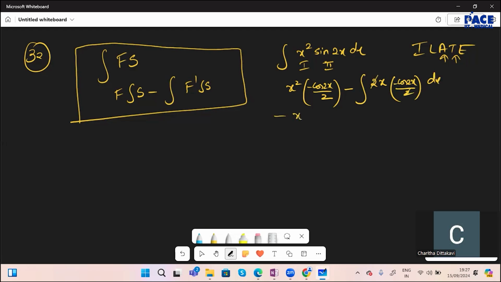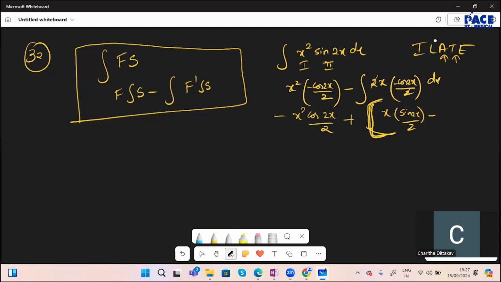So this is nothing but minus x square cos 2x by 2, minus of minus, plus integral. Now I am left with x cos 2x. Again I have to apply integration by parts. So I am going with minus of minus, taken as plus, integral of x cos 2x. First function into integral of second. Integral of cos 2x is sine 2x by 2.